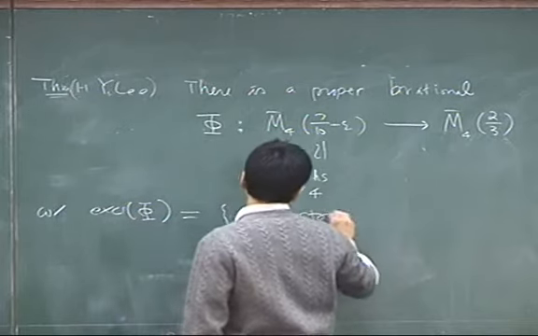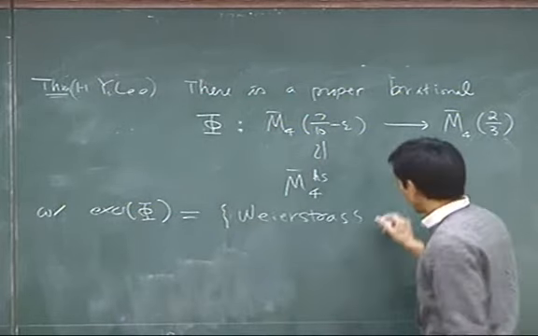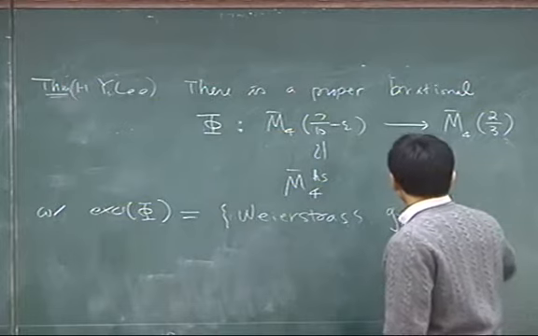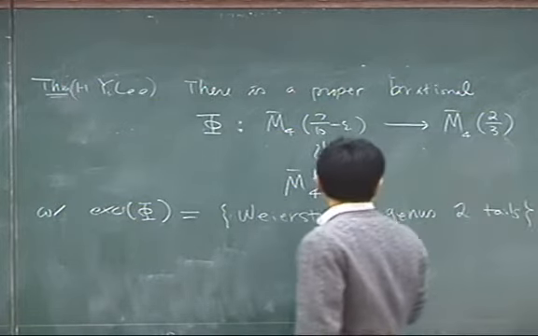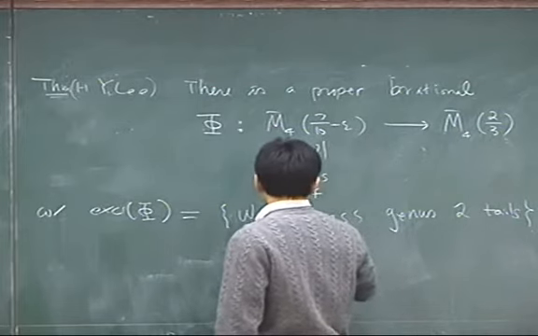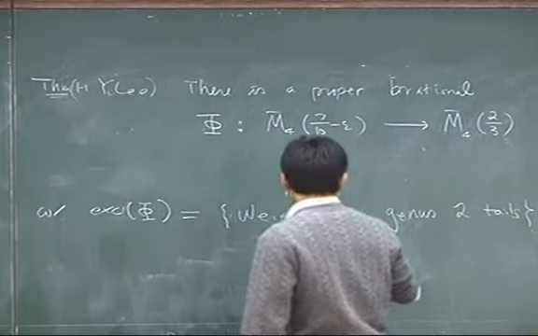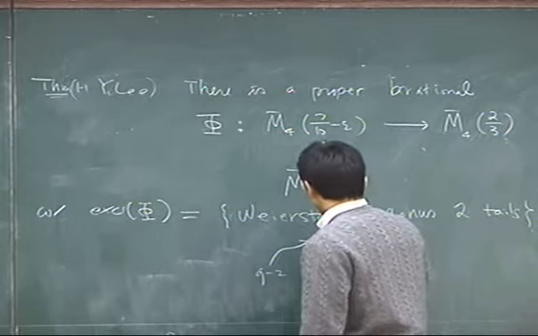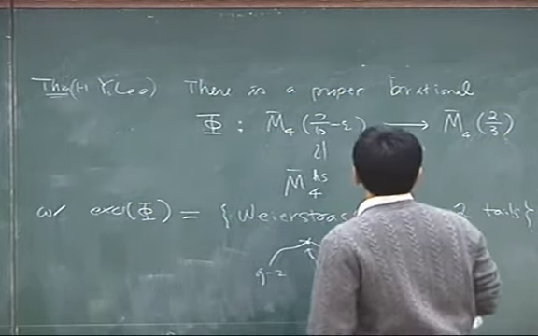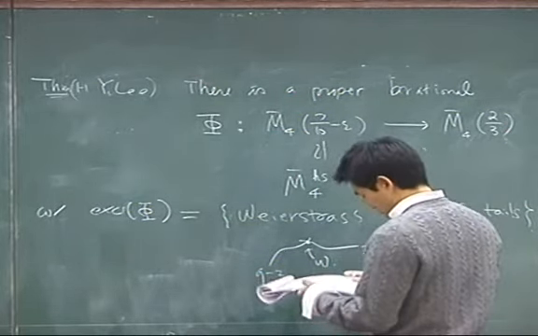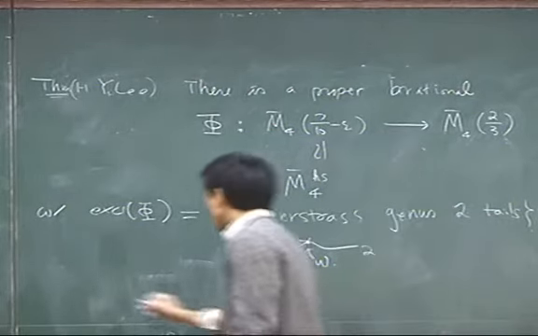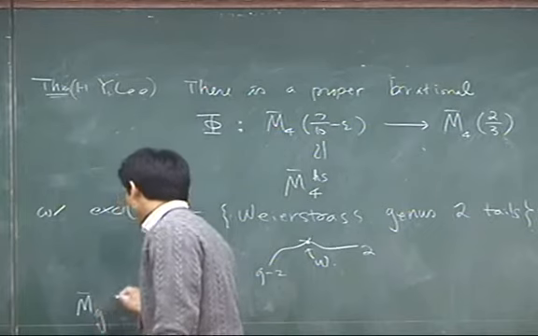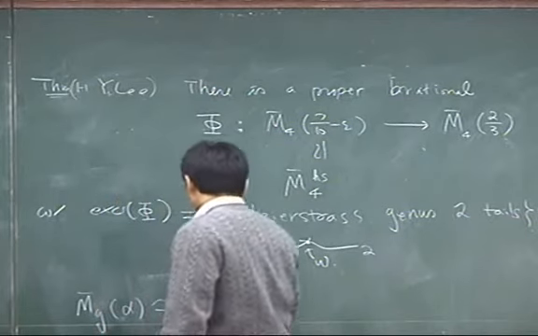It's something that many of you probably know already. It's even mentioned in Ian's talk. So it's got genus g minus 2, genus 2, and that's Weierstrass.